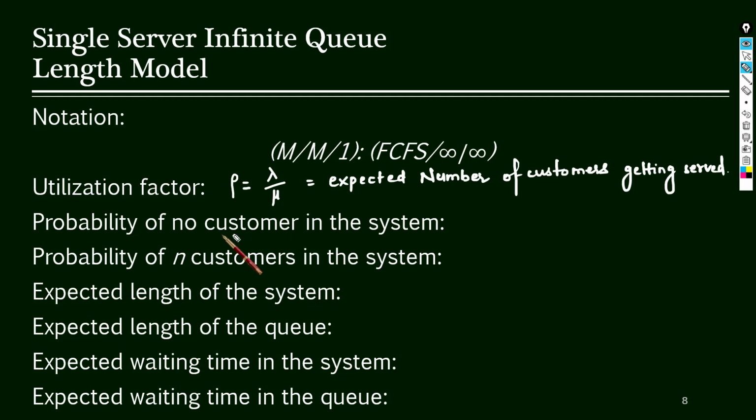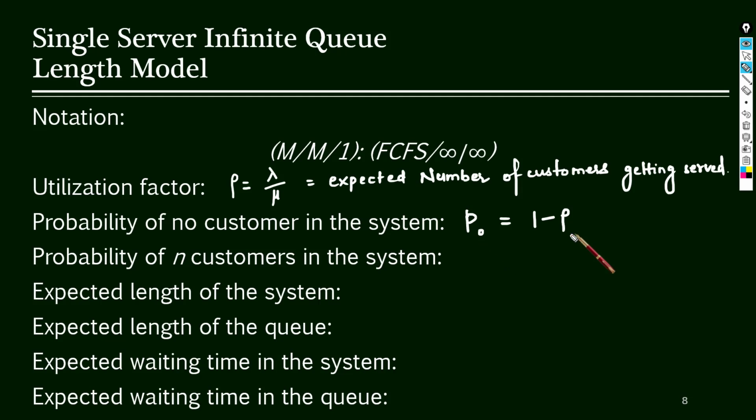So the probability that there is no customer in the system is denoted by P naught, and that is given by 1 minus rho. Rho is the probability of service. If there is no customer, it means no service.